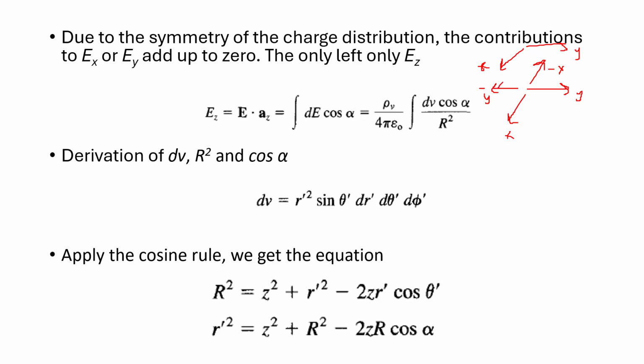So EY, the summation of the differential electric field along the y axis, ends up being 0. Similarly along the x axis, EX equals the summation of the differential electric field along the x axis, which also becomes 0.